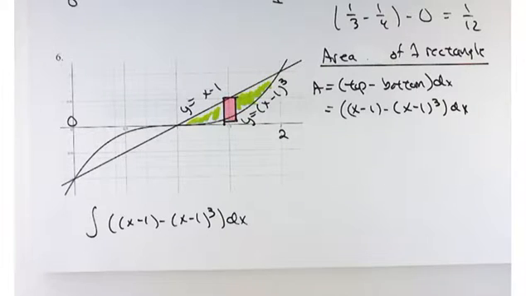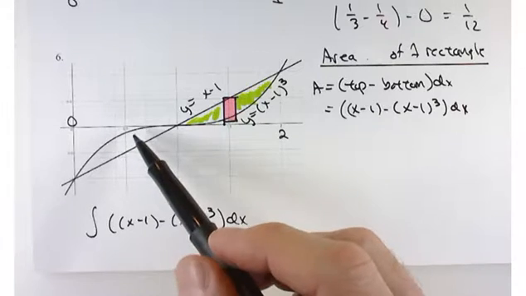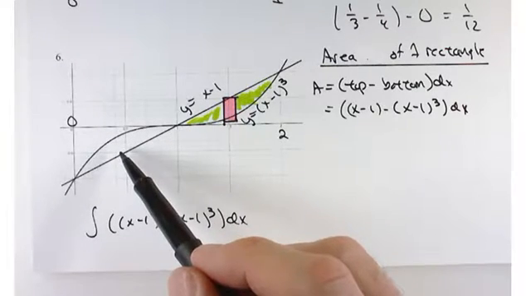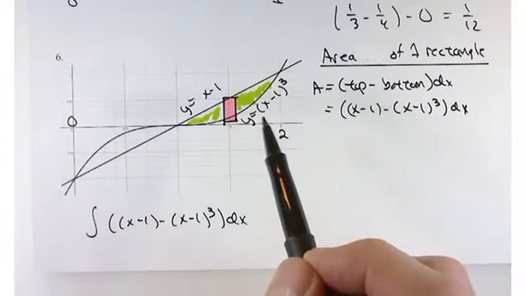Because by integrating with your top and bottom function mismatched, you're going to get a negative area here and a positive area here, and they're perfectly going to cancel each other out.